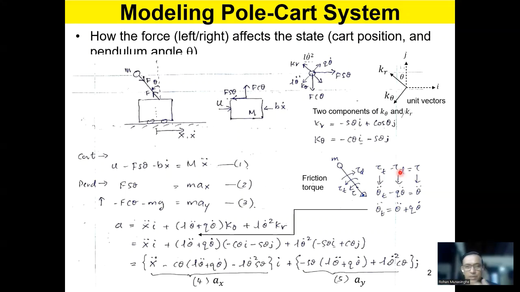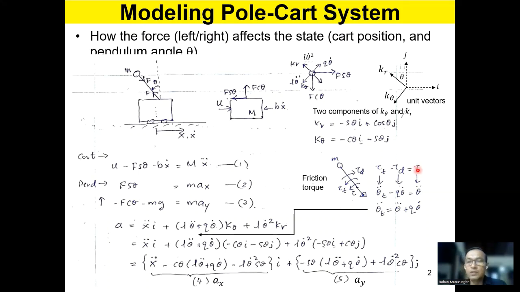Tau d is actually the resistance, whatever torques are against the motion, right? You have to take that part out. You can't use 100%, right? So a small amount should be spent on all the imperfections in the system. And then the remaining amount is tau, which causes the motion.